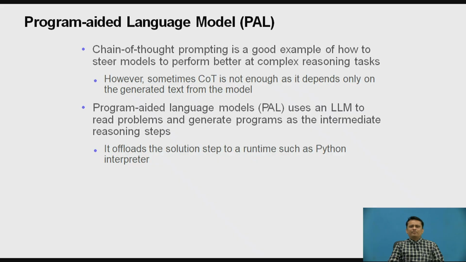There can also be program aided language models. These use the LLM to read the problem statement and generate a program, and not just a program but a program with intermediate reasoning steps.